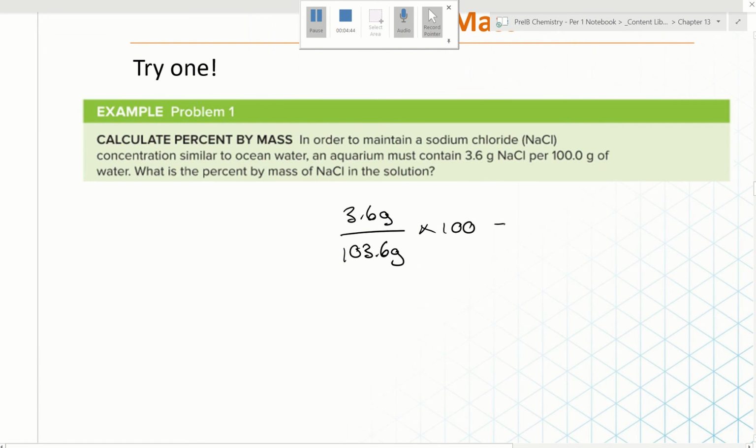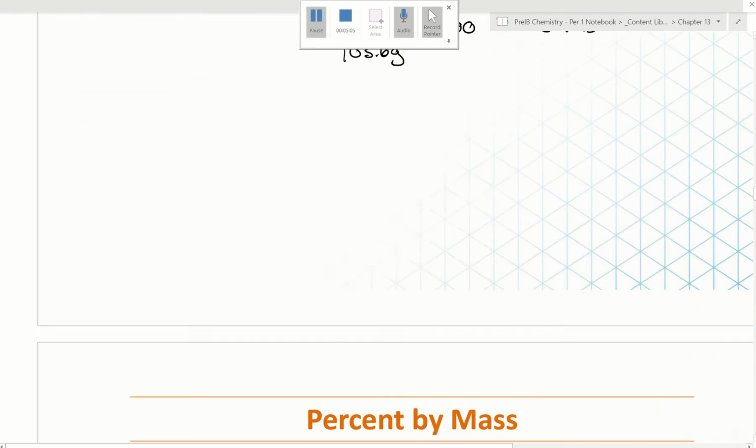And so that's going to give us our percent. When we calculate through that, that gives us a 3.47% by mass concentration of salt water for the aquarium. So that's a sample of that type of problem.